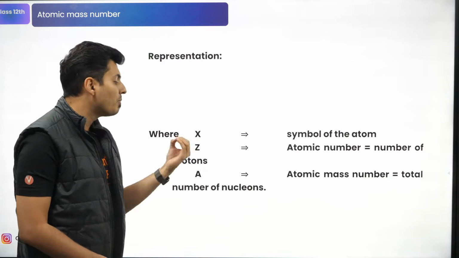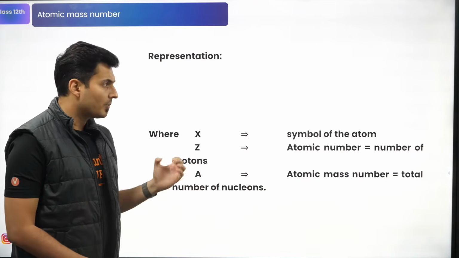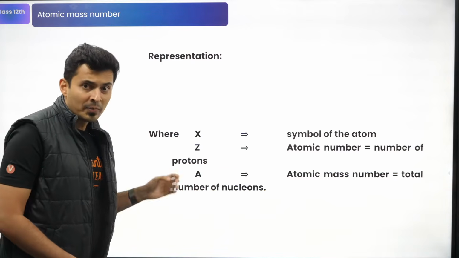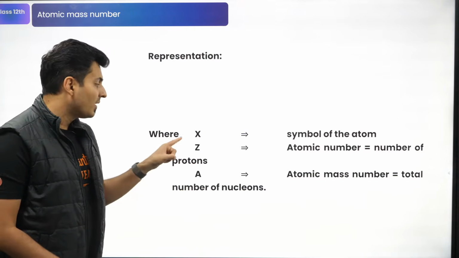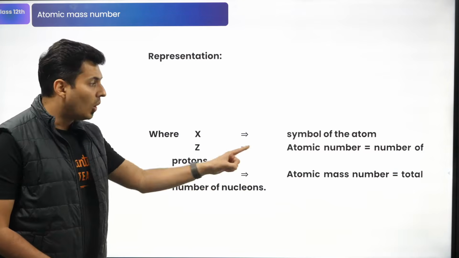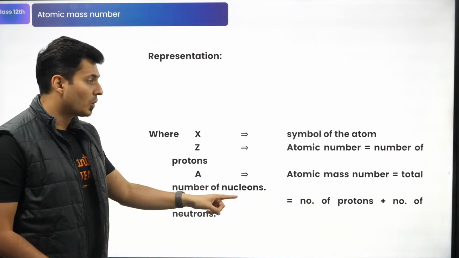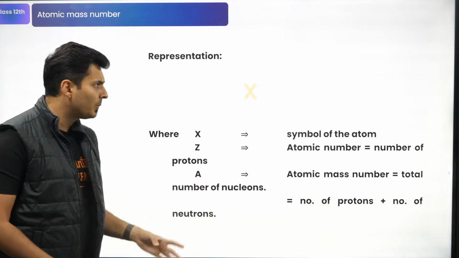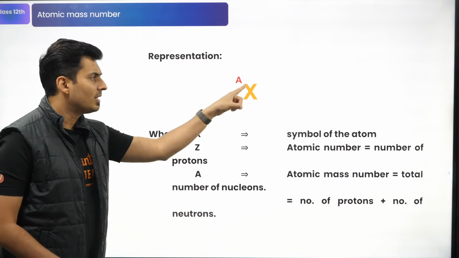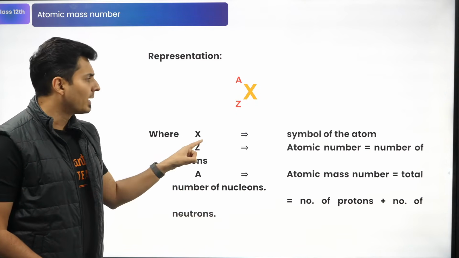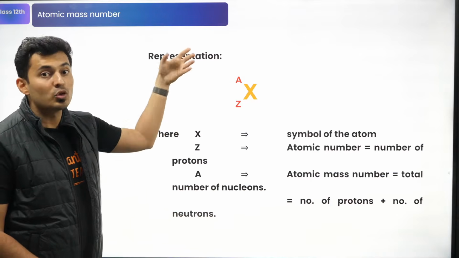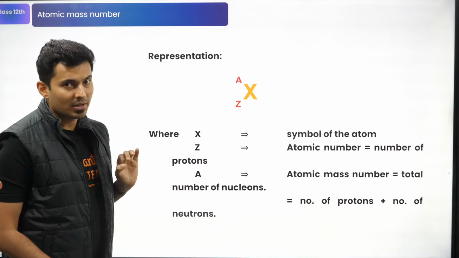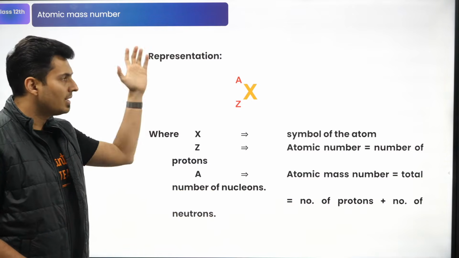Then you have the atomic mass number of that particular element, which is denoted by the symbol A, and A is the sum of Z, which is protons, and also the number of neutrons. So protons and neutrons together give you the atomic mass number, and this is how you represent it. The element symbol will be over here, the atomic mass number as a superscript, and the atomic number as a subscript, right? So that's how you represent any element.